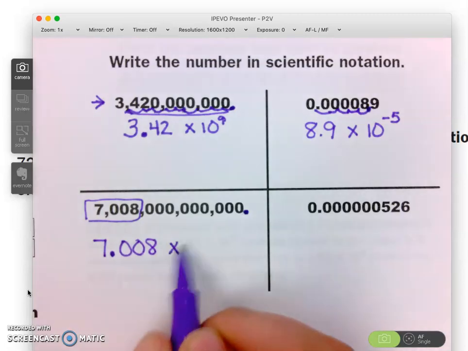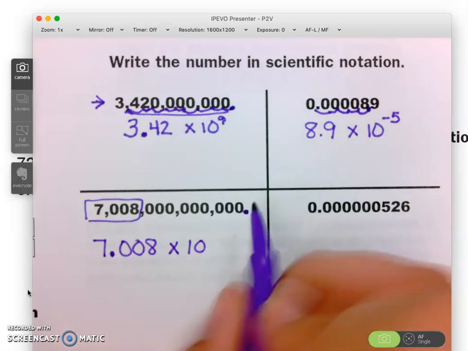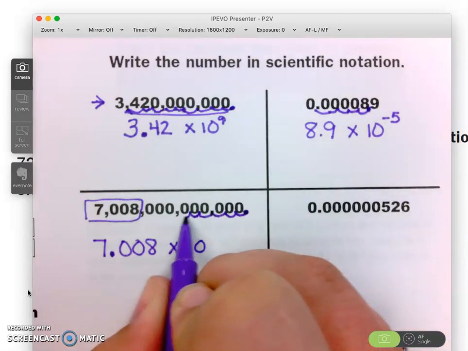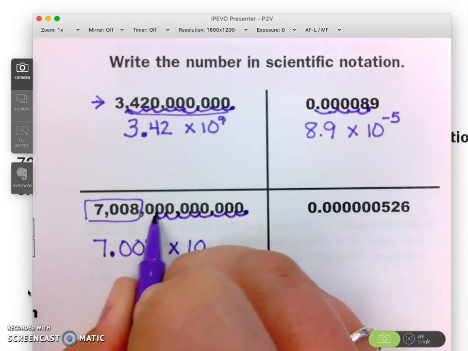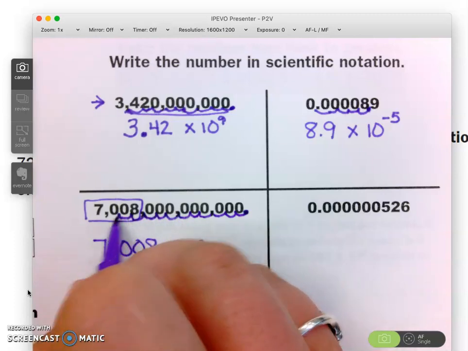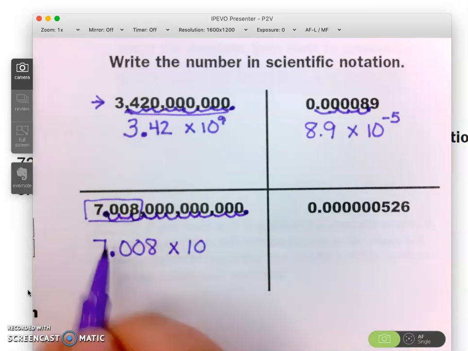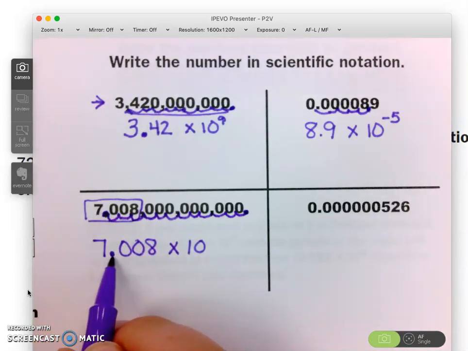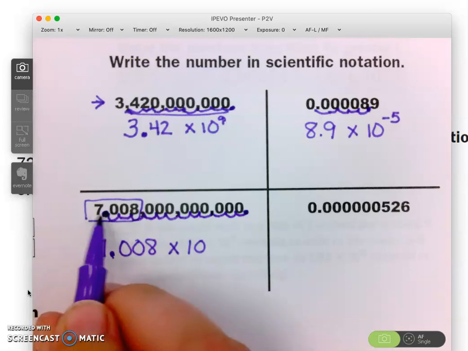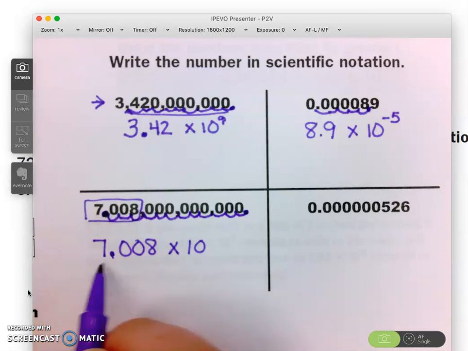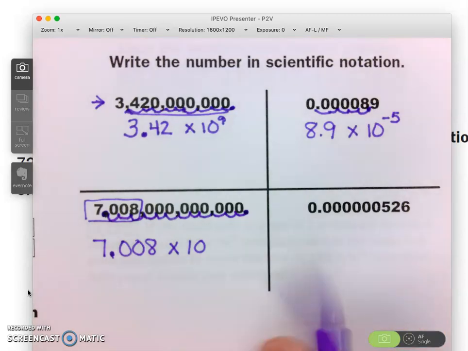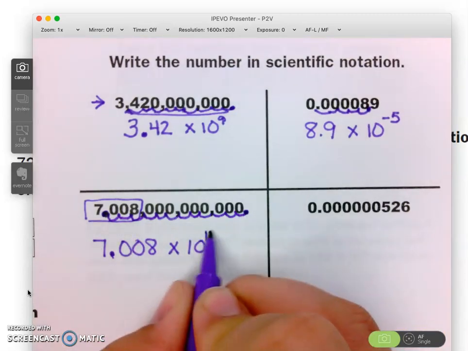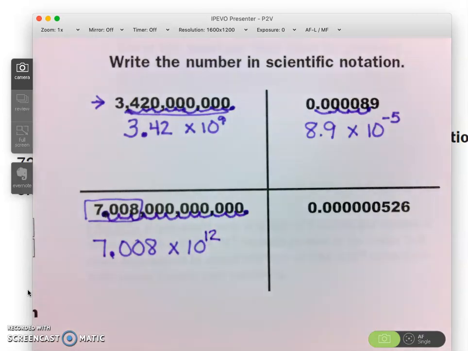It's going to be times 10, and I got to count 1, 2, 3, 4, 5, 6, 7, 8, 9, 10, 11, 12. So 12, if I see here, I got 7 point, if I put that decimal here, 7.008, 7.008. So I made this number smaller, so I'm going to make this number bigger.